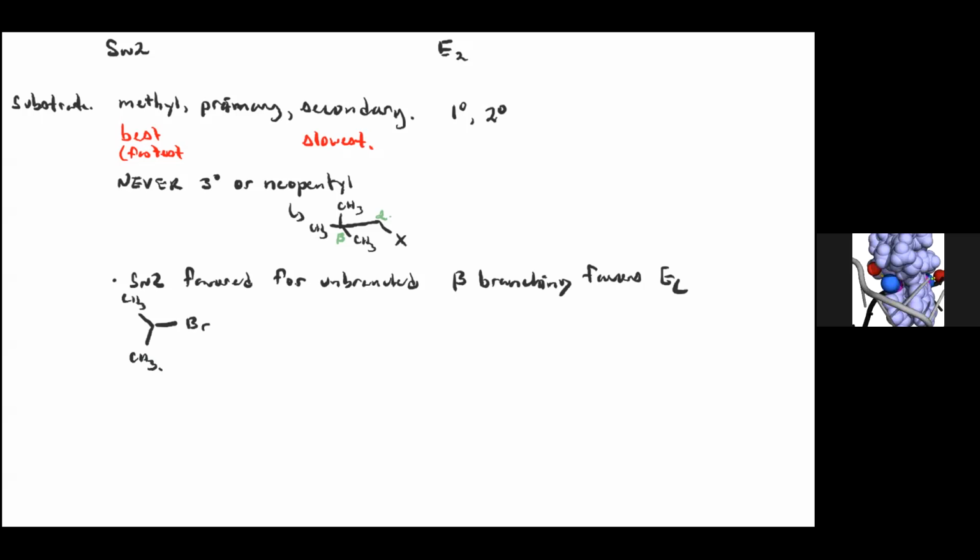Of course, the carbon bearing the leaving group is the alpha position. The next ones out are beta. As I start to increase the substitution at the beta position, the E2 elimination becomes more favorable.